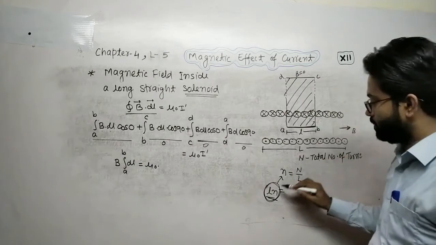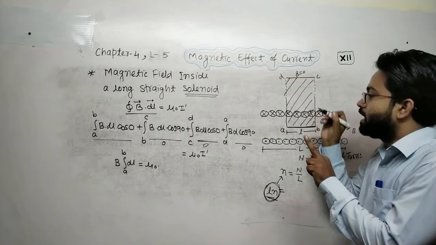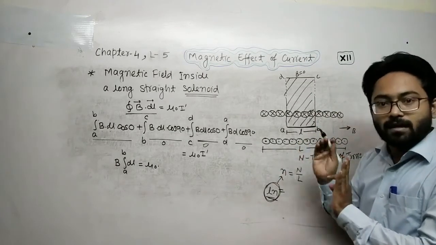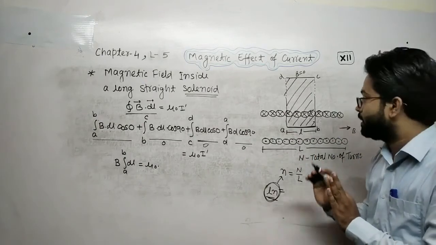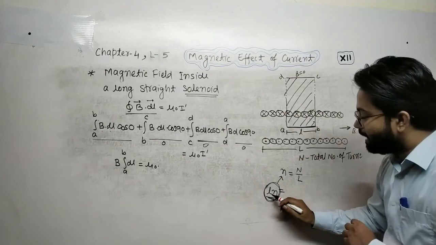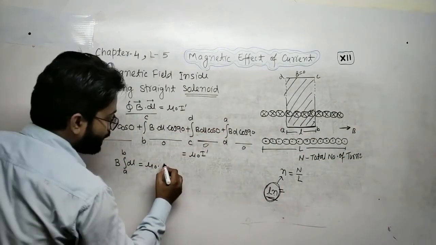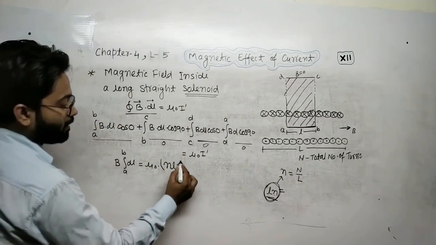This is the number of wires. One wire has current I, two wires will have 2I, five wires will have net current 5I. So nl number of wires will have nlI, this much current. This is the net current.